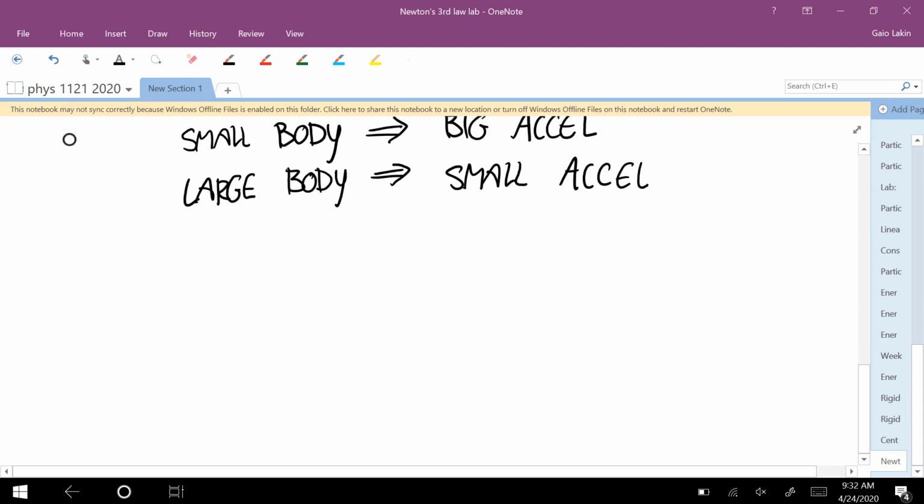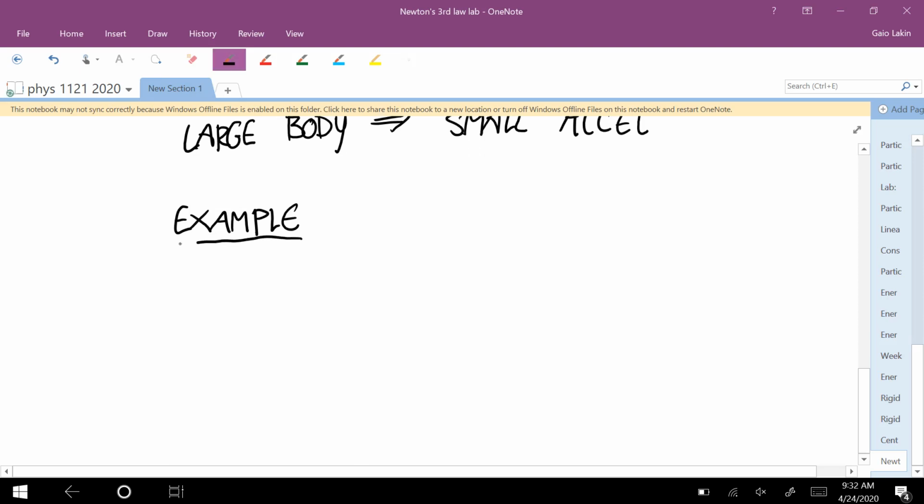Okay, so for example, let's say that a cart comes rolling down this ramp and it picks up speed and crashes into this other cart at the bottom. Okay. This one has a big mass. This one has a small mass.